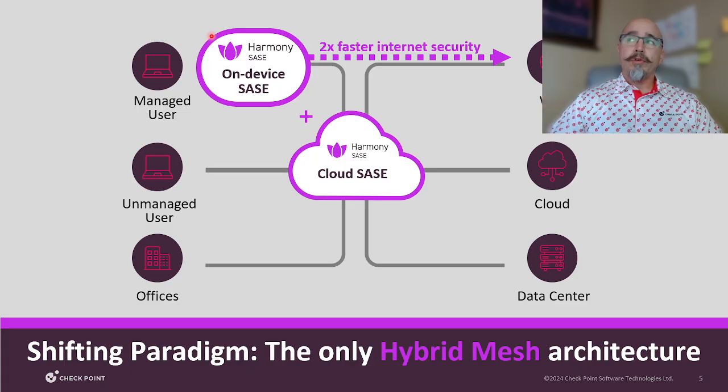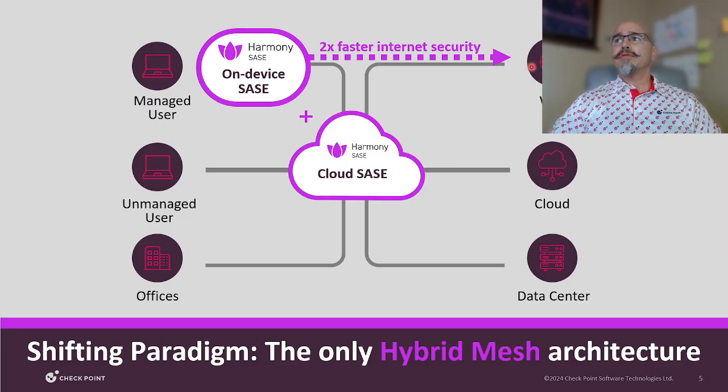So whenever you have internet traffic, it is secured by those blades on that lightweight app, and then it's sent directly to the web. So this is a vast improvement over today's architecture. This is our key differentiator. So the only thing that gets backhauled to a cloud POP is the traffic that has the need for corporate resources.